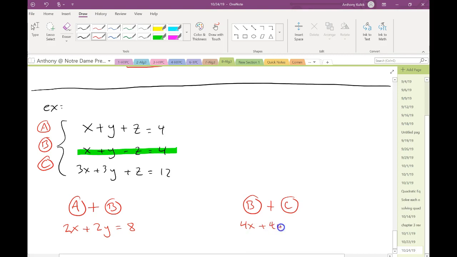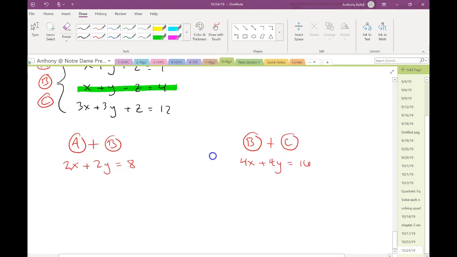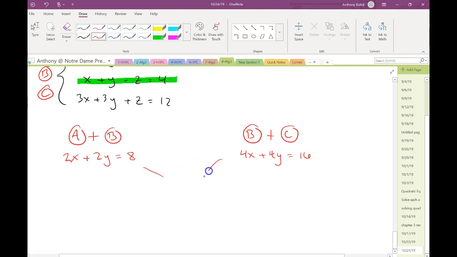Y plus 3Y is 4Y. Negative Z plus Z is 0. And then 4 plus 12 is 16. These are going to combine together to form my new system of equations. That was so fast.